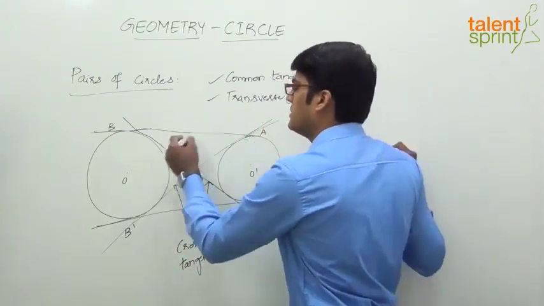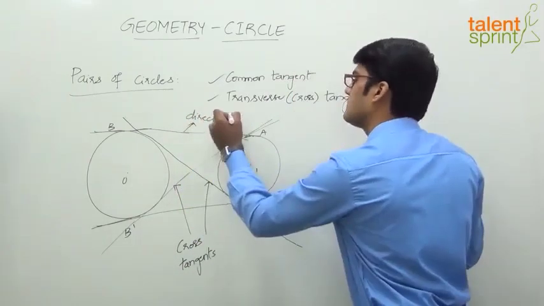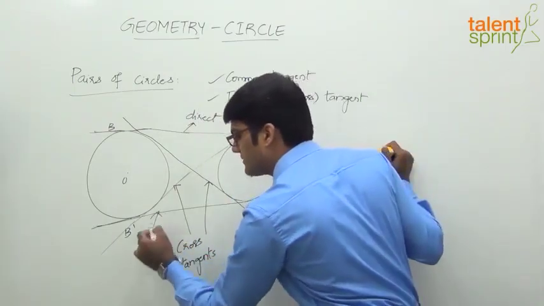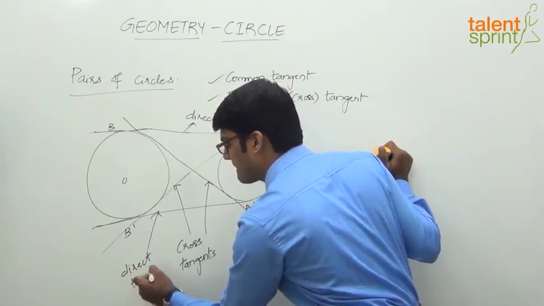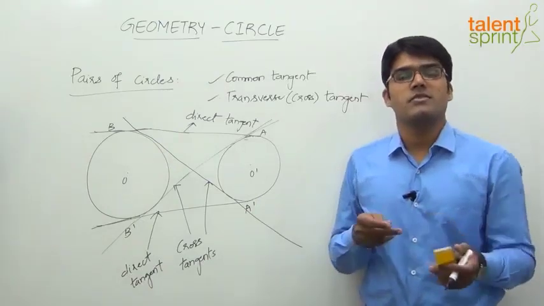And this is the direct tangent. This also is a direct tangent. So that's about the types of tangents that we have in the case of a pair of circles.